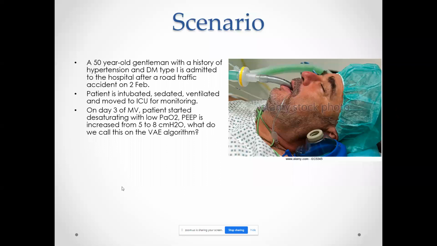Okay? طيب. Patient is intubated, sedated, ventilated and moved to ICU. فإذا المريض نحطوه على مكنة الانتوبيشن التنفس الاصطناعي، ونحط على السيديشن وعلى الميكانيكال فنتيليتر، ونقل إلى قسم العناية الفائقة فور مونيتورينج.